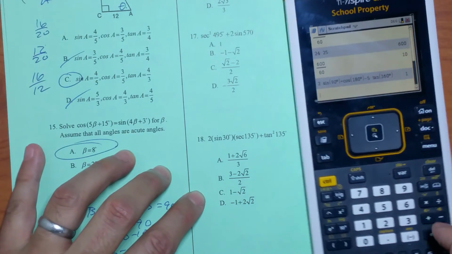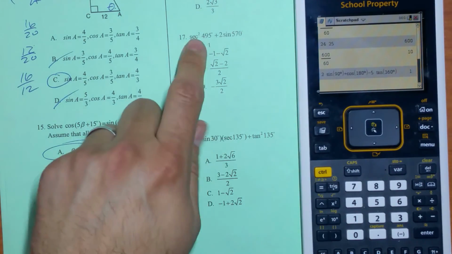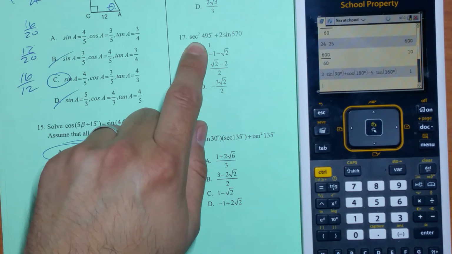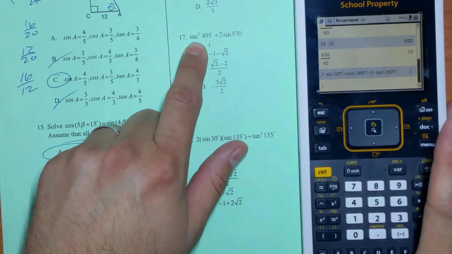So on number 17 here, we're just going to put that in as is. Now, when I enter the square, where does the square go? After the parentheses. That's important.